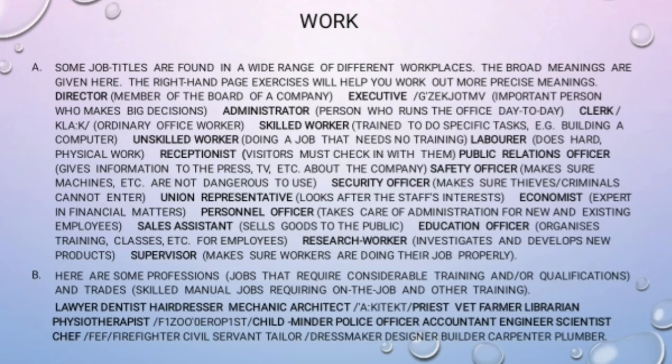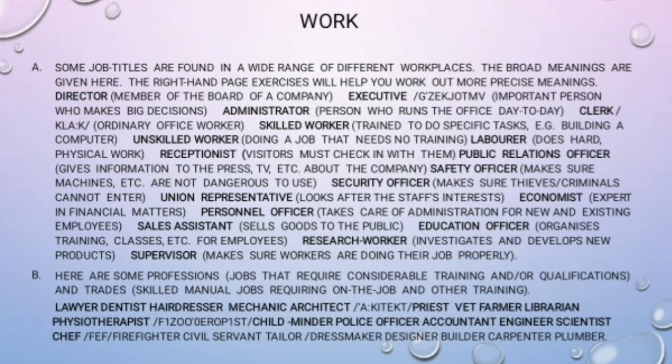Selanjutnya ada resepsionis, yaitu pengunjung harus check-in dengan mereka. Petugas hubungan masyarakat atau public relations officer, memberikan informasi kepada press, TV, dan lain-lain tentang perusahaan. Petugas keamanan atau safety officer, yaitu memastikan mesin dan lain-lain tidak berbahaya untuk digunakan.